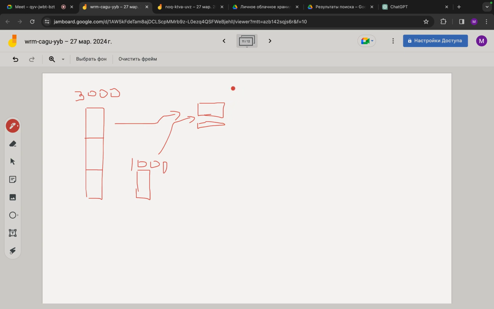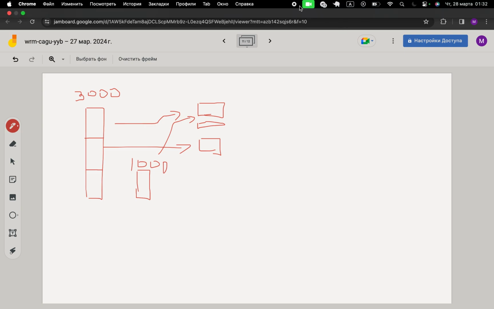For each of the batches we build a separate model, and at the end we look for a majority vote, like a random forest algorithm. So I guess that's it.